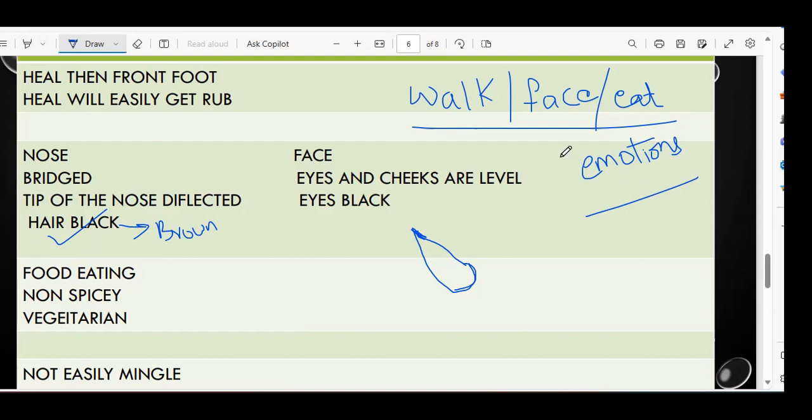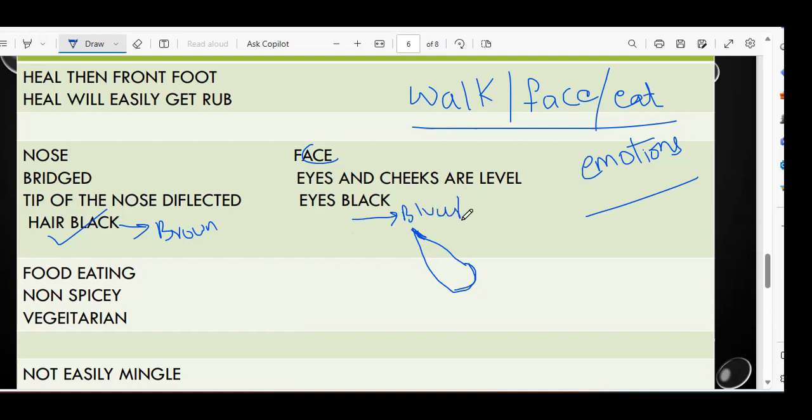And on the face, you have to see the eyes and the cheeks, they are leveled. And what color are the eyes? Eyes are black to bluish color.